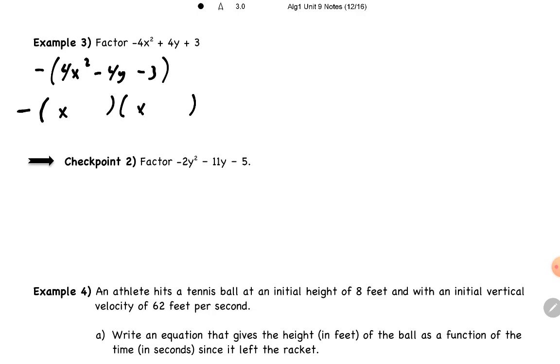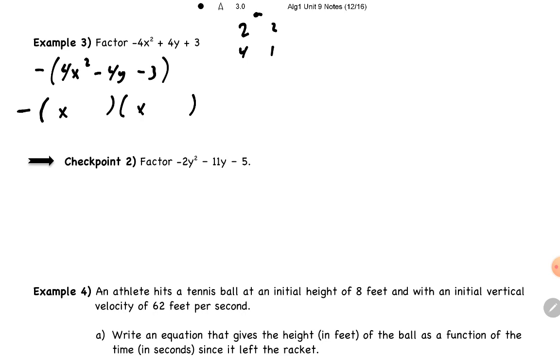So x and x. Now here's a problem though. We have multiple factors of a now. Usually we just dealt with 1. But now we have factors of 4. We have 2 and 2, and 4 and 1. So how do we determine which one works? For now, we just have to do trial and error.